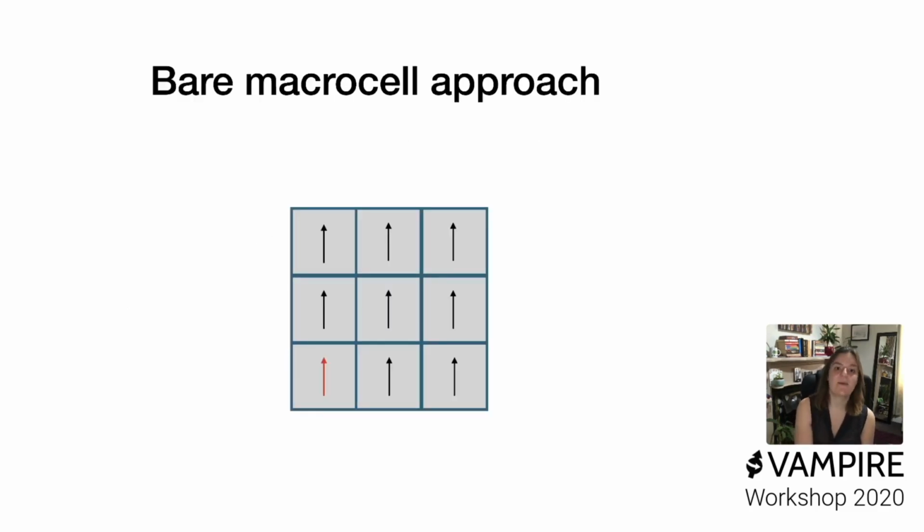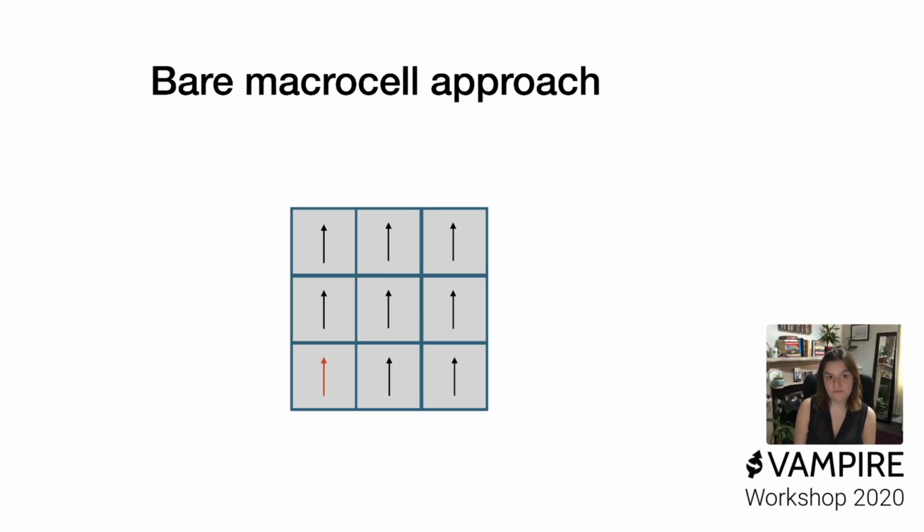The next is the bare macrocell approach, which is sort of the same as micromagnetics. If you think of going from an atomistic to a micromagnetic model, this is what we've done here. We've summed up all of the atoms in a small area into cells, calculated the average magnetization of that cell, and given the cell a magnetization.